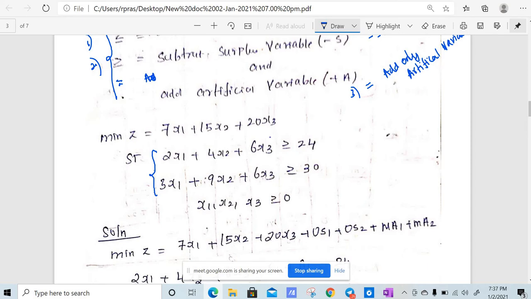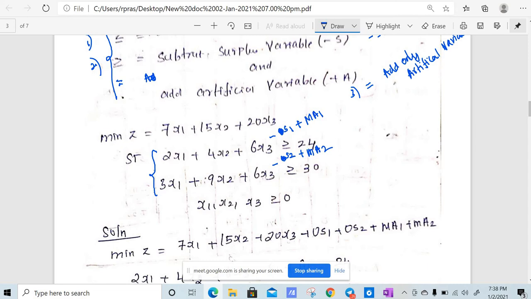So I'm going to subtract one surplus variable and add one artificial variable. For the artificial variable, we need to add the maximum value, that is, we add M times a1, where M is a very large value. And here also we need to subtract one surplus variable. It is here minus s2 plus M times a2.